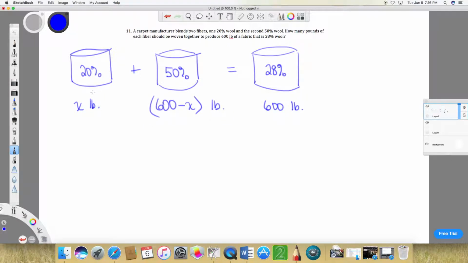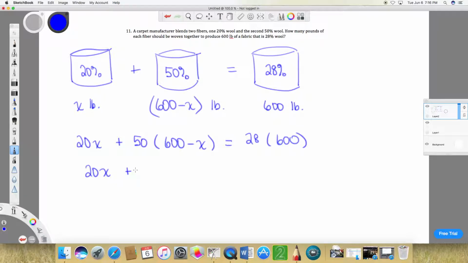All right, so then to set up our equation that models this, we multiply the concentration times the weight. So it's 20X plus 50 times (600 minus X), and then it's 28 times 600. If we distribute the 50 through, what do we get?